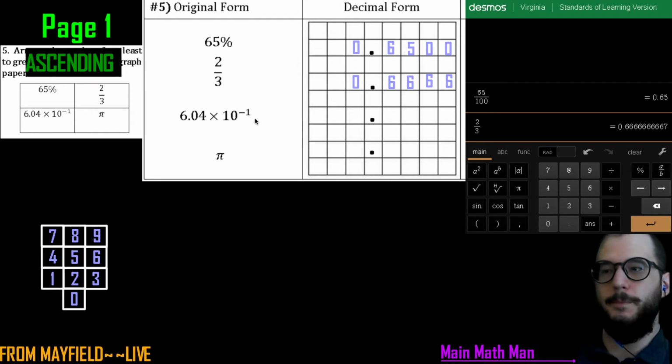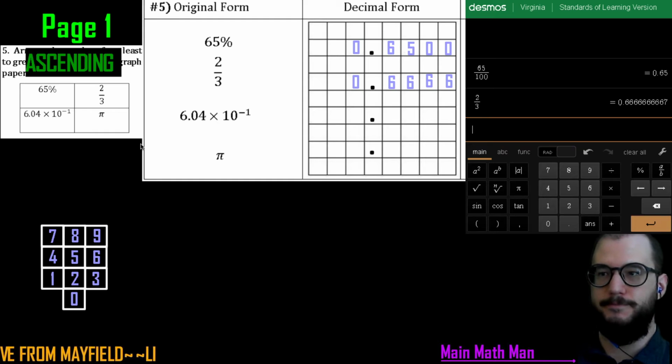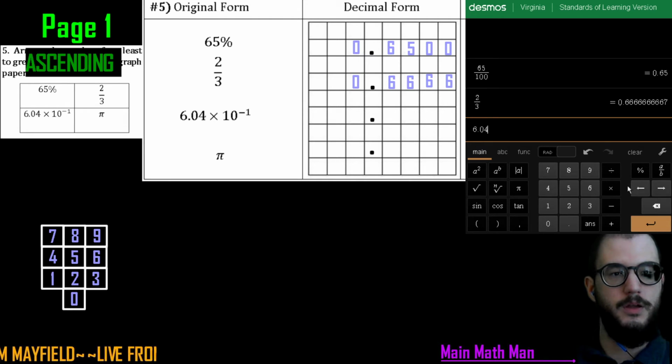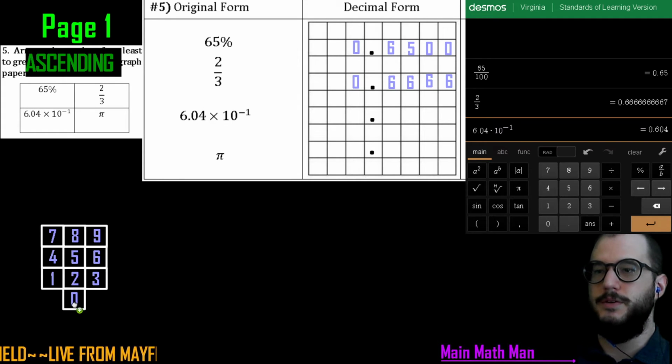It's just saying that we're going to move the decimal place one time to the left. So let's see, I have 6.04 times 10 to the negative 1 power. So I'm going to have to place those carefully. So I'm going to have 0 and then 0.6 and 0.4.